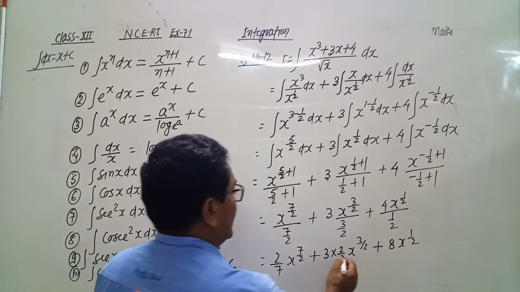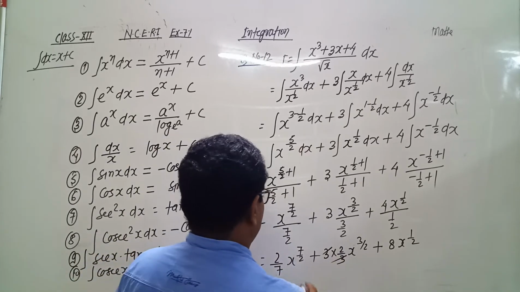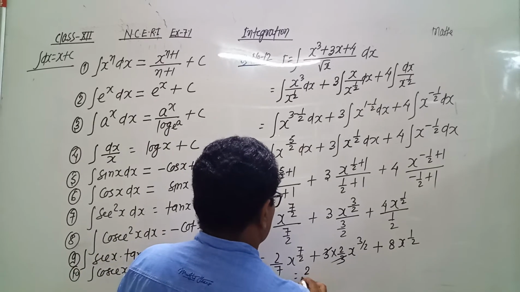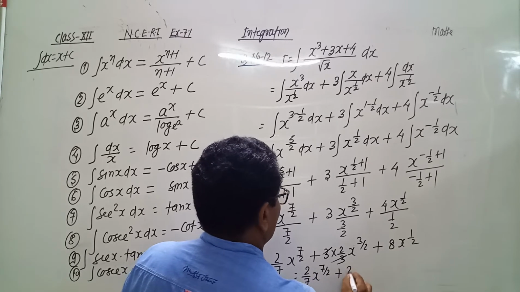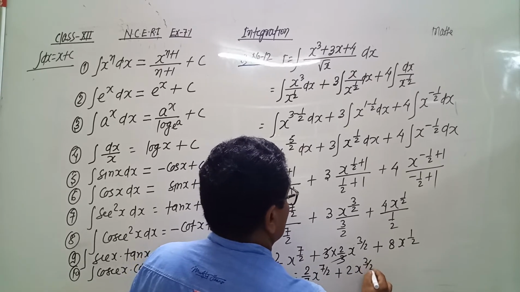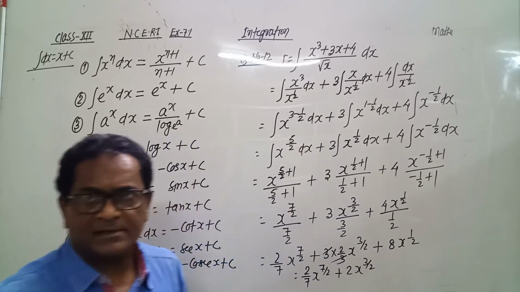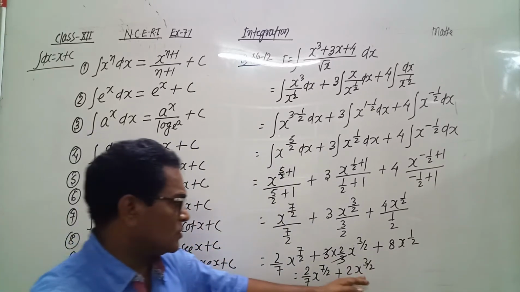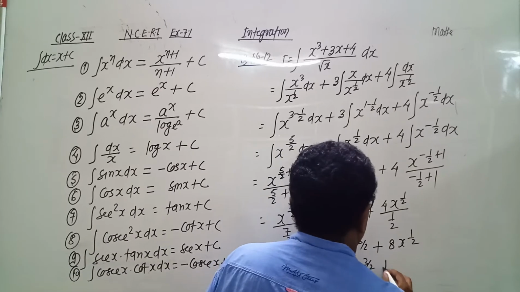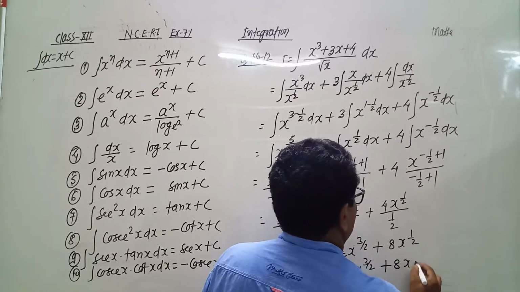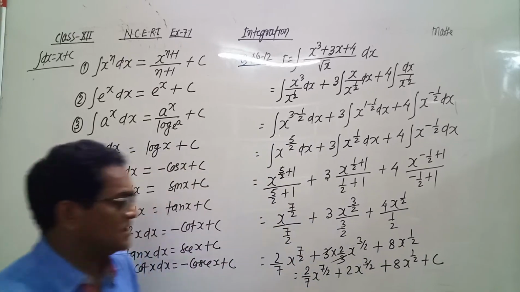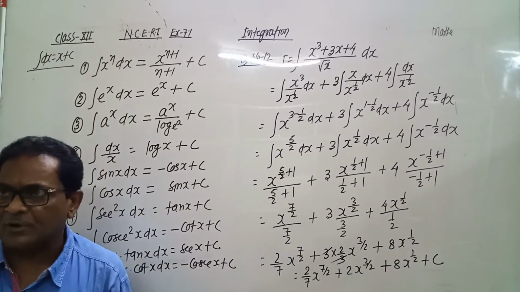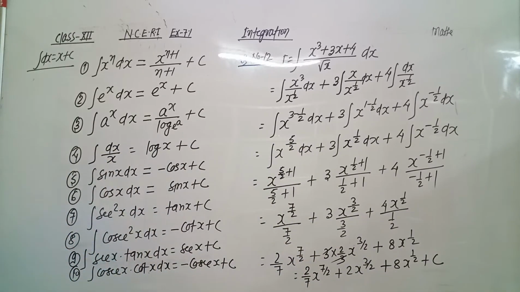So 3 and 3 get cancelled, and the final result is 2 by 7 x raised to the power 7 by 2 plus 2 into x raised to the power 3 by 2. X raised to the power 3 by 2 is also written as x root x, plus 8 root x, and plus integration constant c. In every question we have to add c, where c is the integration constant.